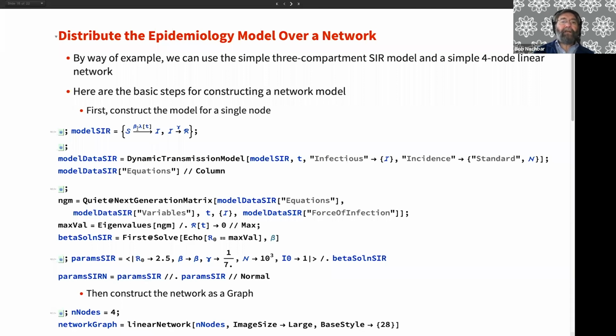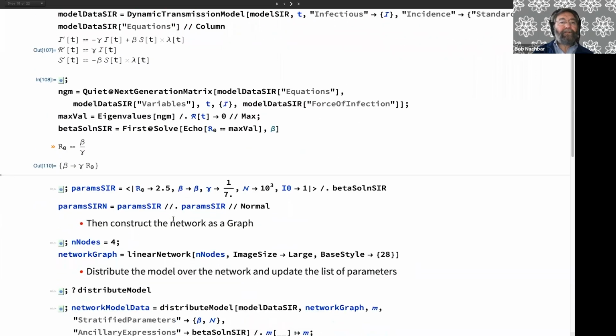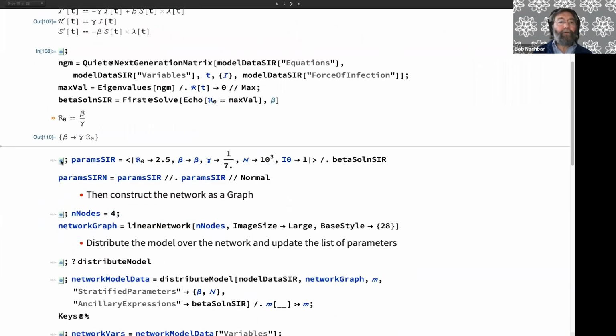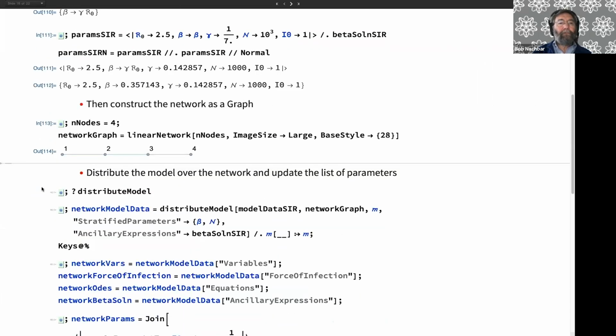So we can take a very simple SEIR model and spread that out over this network. We'll do a very simple network of just 4 nodes, linear, so we can see what happens. The infection will start in the first node and then spread to the others.